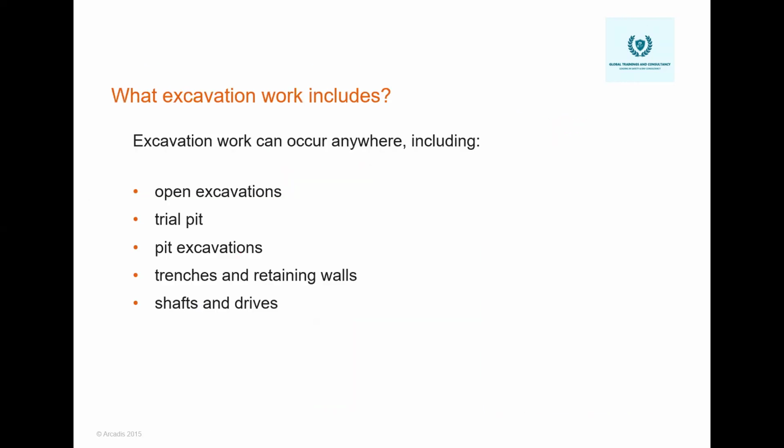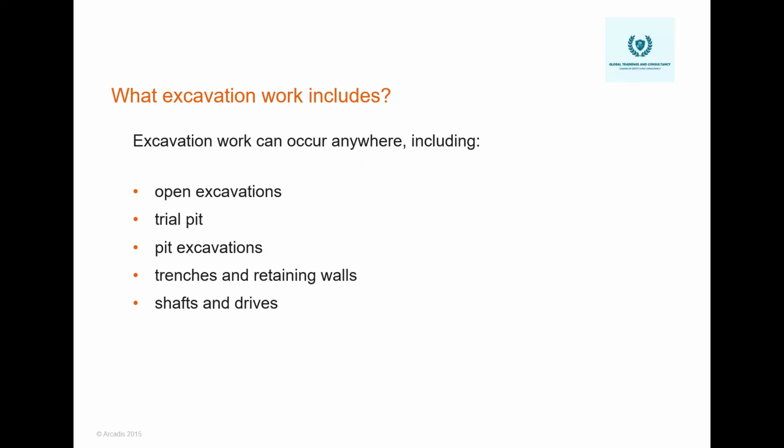These are the methods. So the types of excavations are open excavations, where we directly remove the sand or soil from the surface. A trial pit is something where we dig the ground to test for underground utilities. If there is any utility under the ground, we can identify it. Pit excavation, same as trenches and retaining walls.